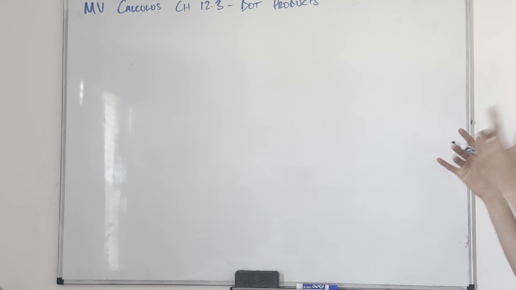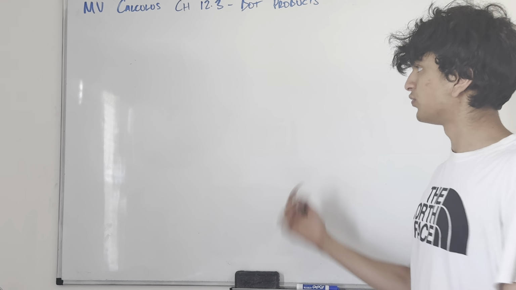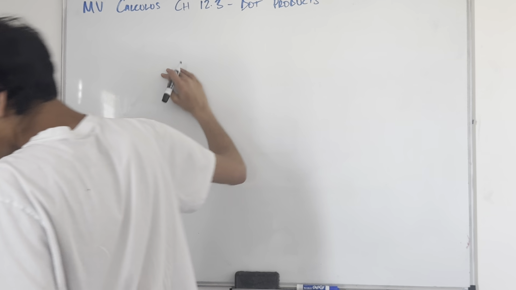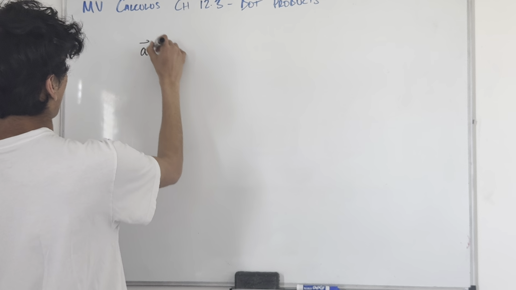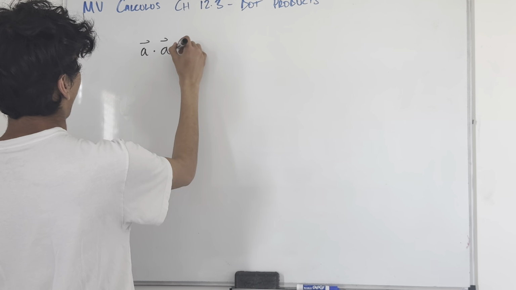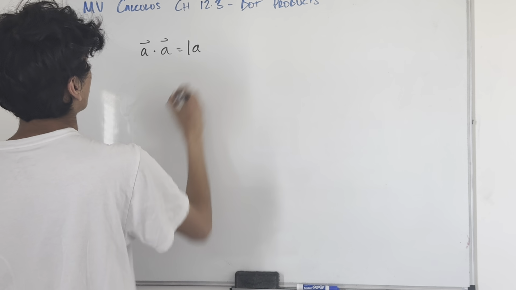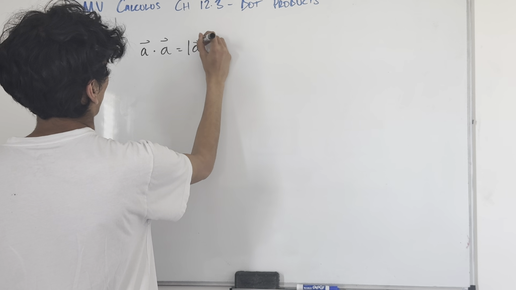If we follow that definition of what a dot product is, we find some pretty useful properties. If you take a vector dot itself, you actually just get the magnitude of the vector squared.